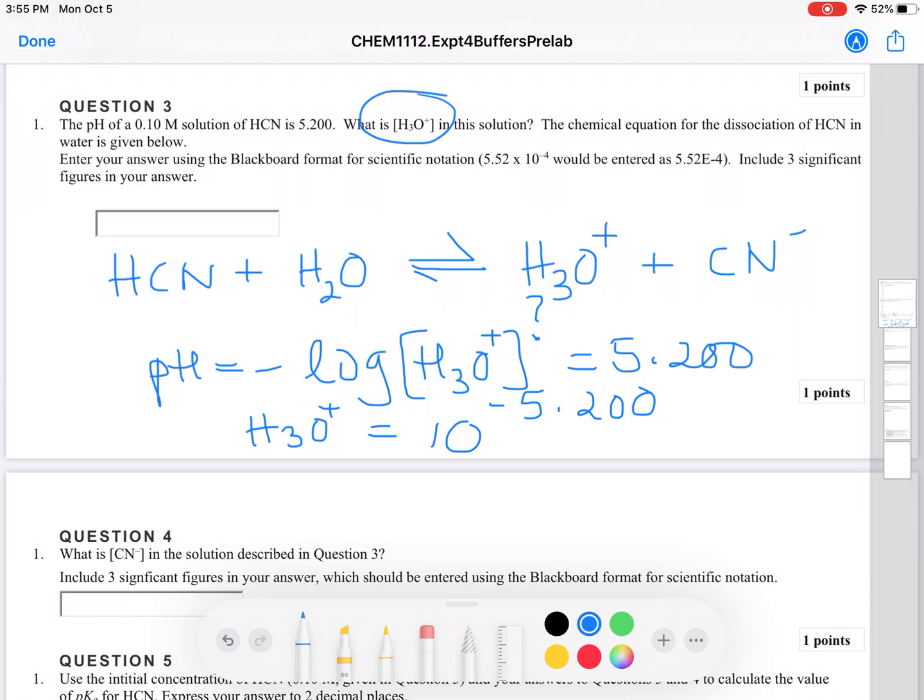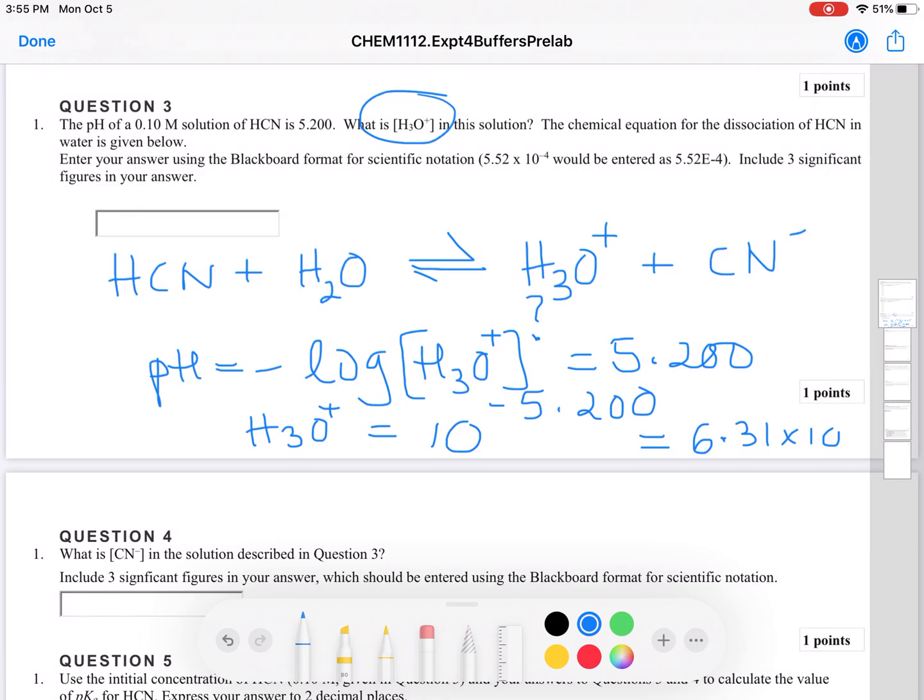When you put this into your calculator, you will get a number something like this. Check to see if this number is correct. I may be doing some wrong calculations, but you need to check me.